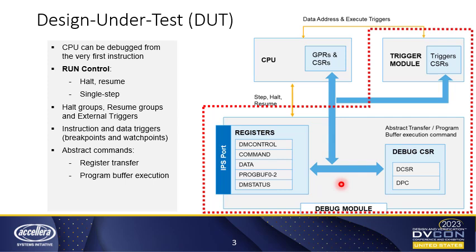Unlike some other implementations where the program buffer uses the processor memory space, our program buffer is physically located inside the RISC-V debug module. The verification challenges are similar for both implementations.